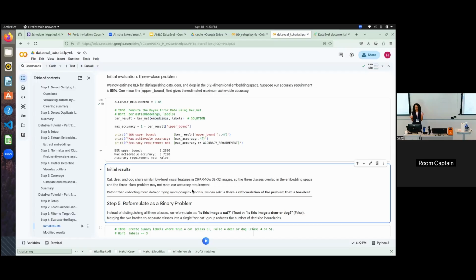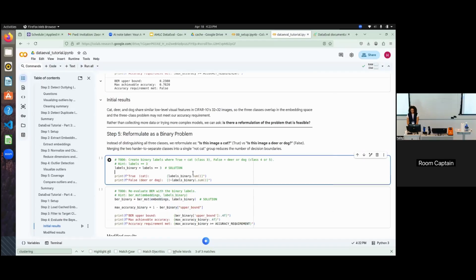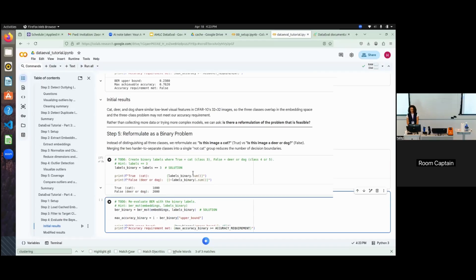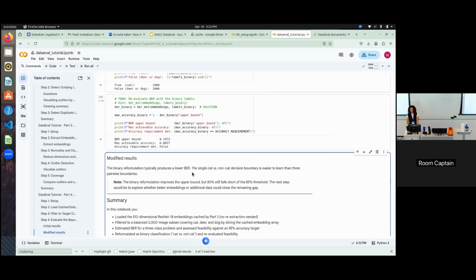Maybe I want to know if it's a cat or not a cat, because deer and dog are even more similar, and maybe that's not as important in your problem. So you can combine that into a binary problem, either cat or not cat, and then run it again.